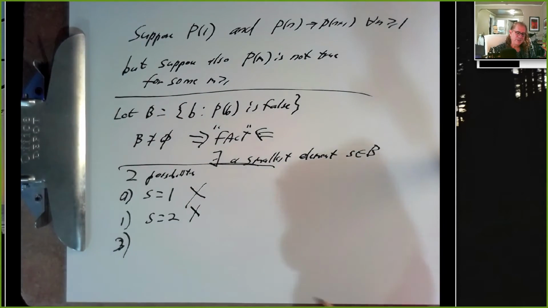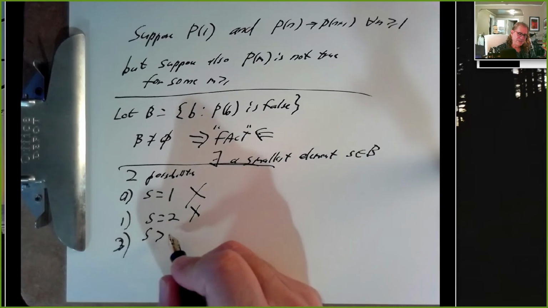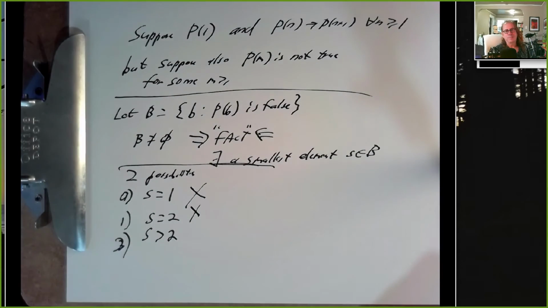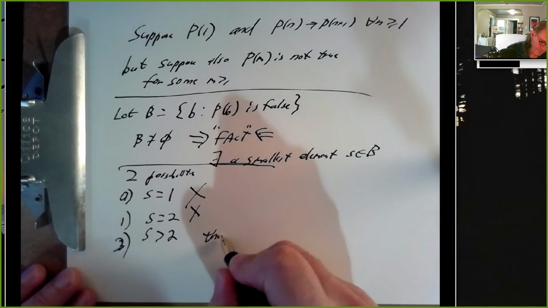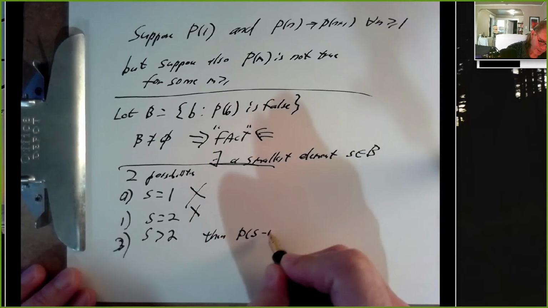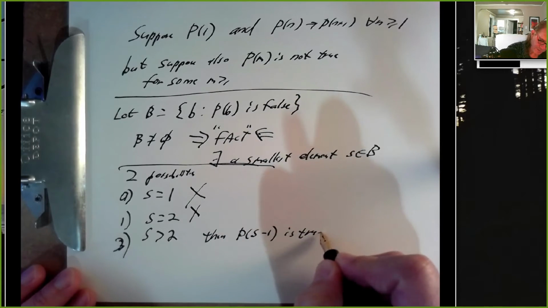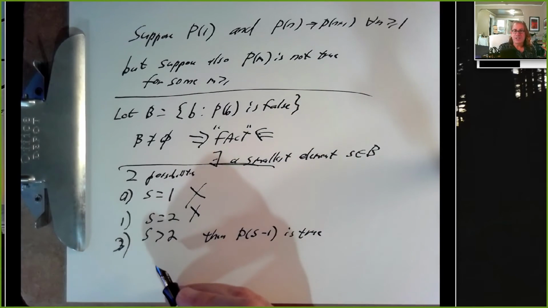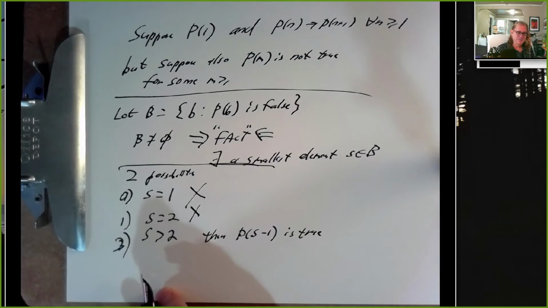Alright, so our only other possibility is that S is an integer bigger than 2. Well, if S is the smallest number for which the proposition fails to be true, that means P of S minus 1 must be true, because S minus 1 is smaller than S, right?